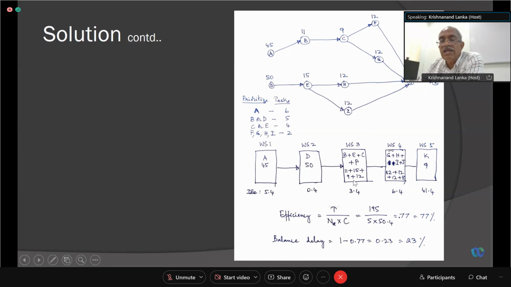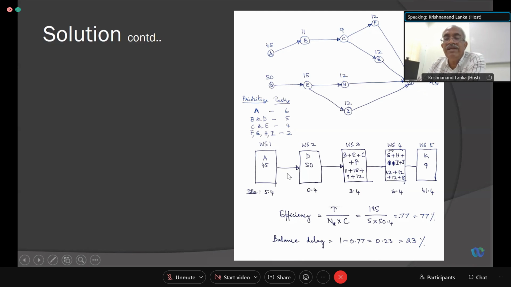What we have found is that theoretically we are supposed to complete this entire assembly using only 4 workstations. But unfortunately, because of this technological precedence requirement, the last workstation has a total idle time of 41.4 seconds.